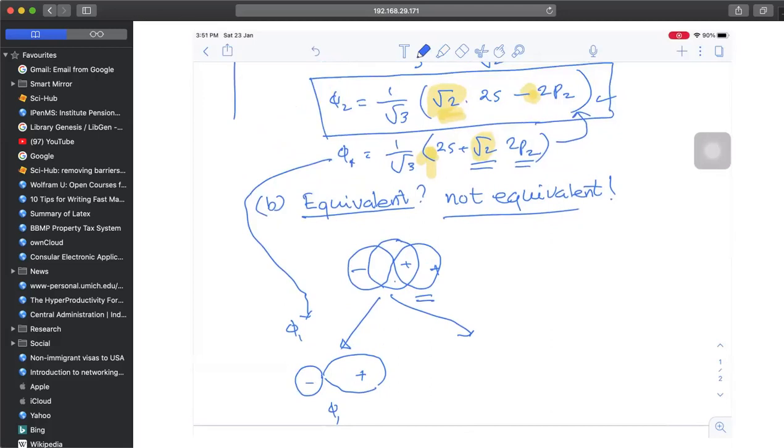And phi 2 will have a larger contribution from 2s, so it will look something like this. And the nucleus will be somewhere here. And here the nucleus will be somewhere here.